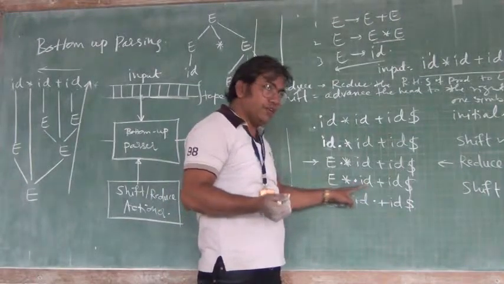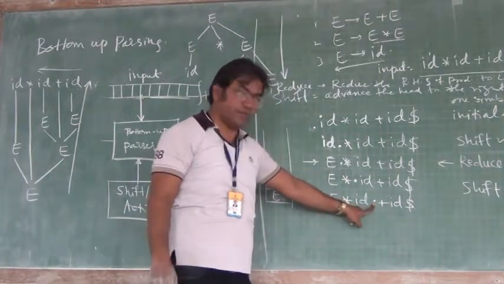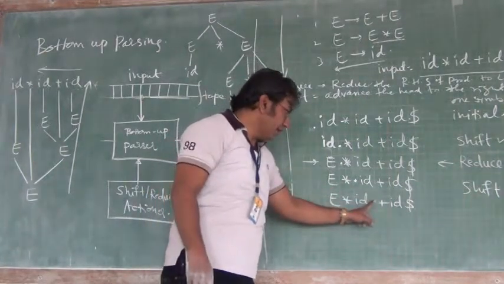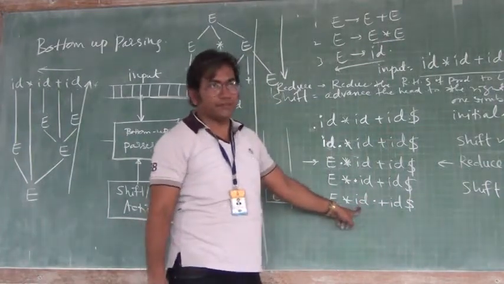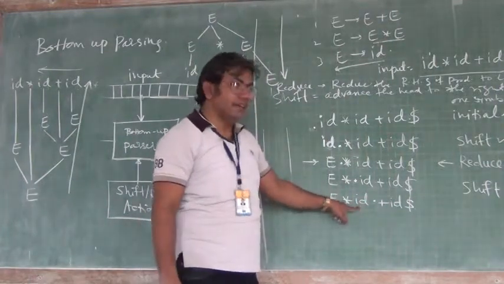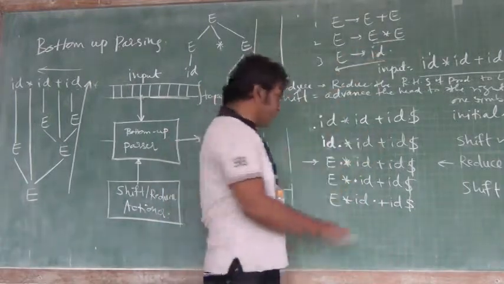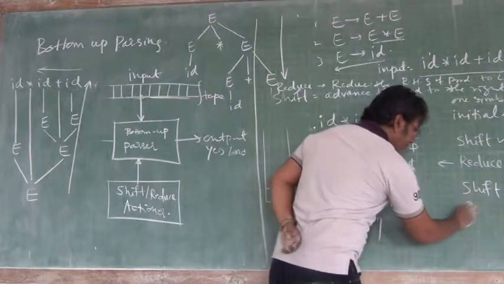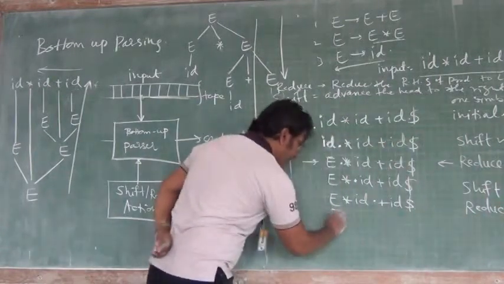You have read this ID. So you came to this particular status where at the left hand side of the dot you are finding some ID. Do you see this ID at the right hand side of a production? Yes. So at this moment what do you need to do? Do reduce.